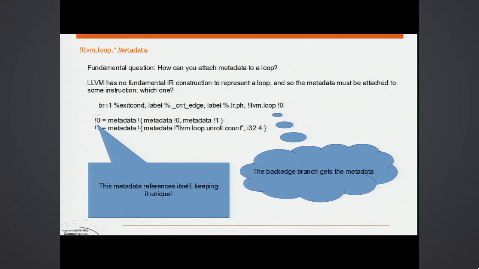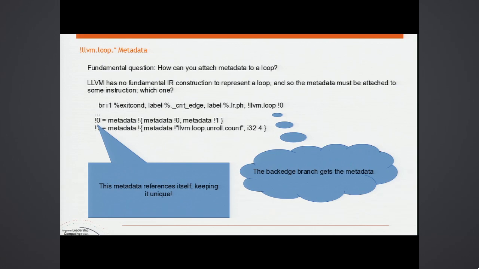They don't have independent identity from their contents, I should say. So if you had the same metadata attached to these two loops, and the unroller did something sensible, like once it unrolled the loop that said it should unroll the loop, it removed the metadata, so the next time it ran on the IR, it didn't unroll it again.